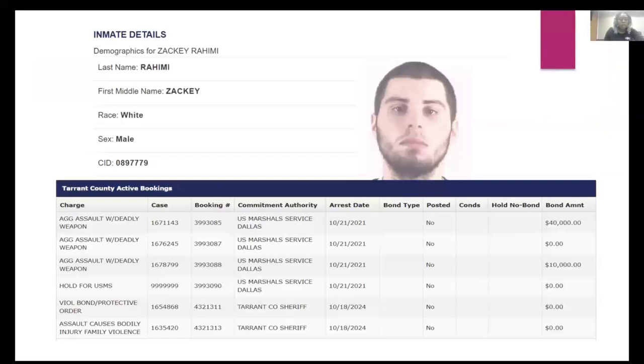This is Zaki Rahimi, and this is one of his mugshots, and just a photo of some of his charges that were pending out of Tarrant County. And you can see that those charges ran from October 2021 all the way through October 18th, 2024. So this is post the ruling out of the Supreme Court.